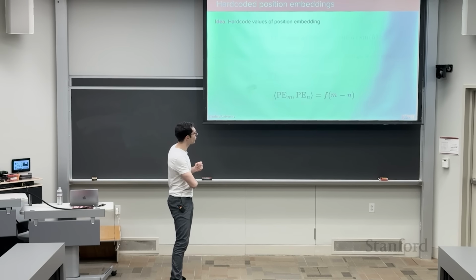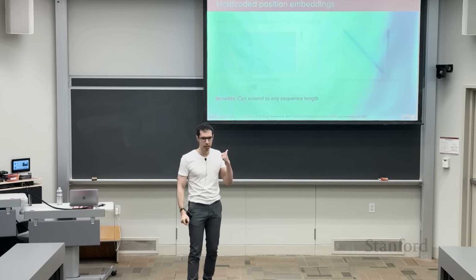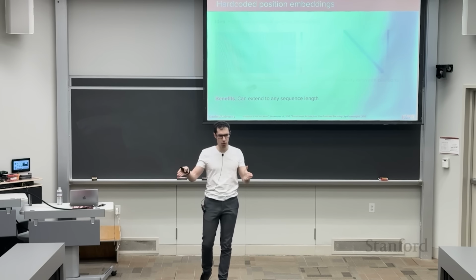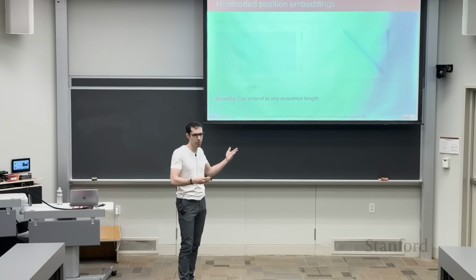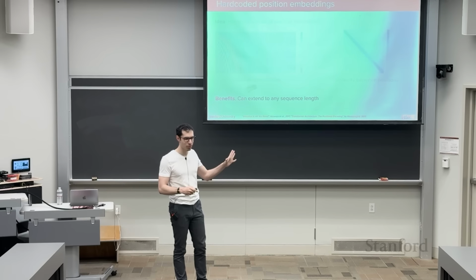So this is what the original authors tried, and they noted that this method leads to comparable results compared to the learned one. But here we have a big advantage because it can extend to any sequence length, not just the sequence length that you saw at training time. This is one of the reasons why it may be preferable. So this is the intuition, and this is what the authors chose.